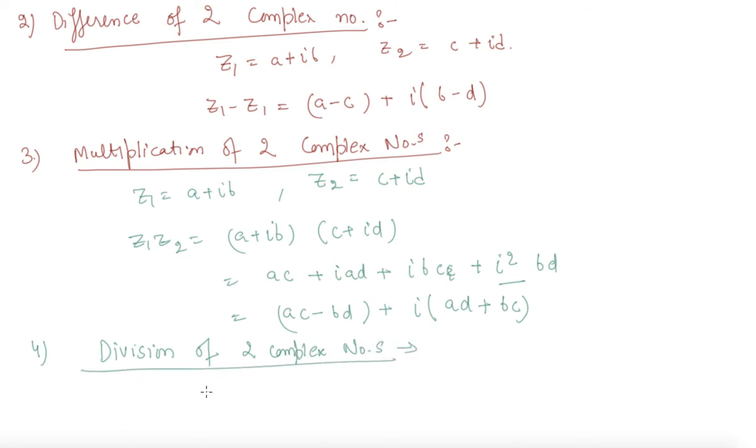When we divide z1 by z2, let's say a plus iota b divided by c plus iota d, what we need to do is take the conjugate of the denominator. I will tell you in further videos how to get the value of this answer in easy terms. So first we need to take the conjugate of the denominator part.